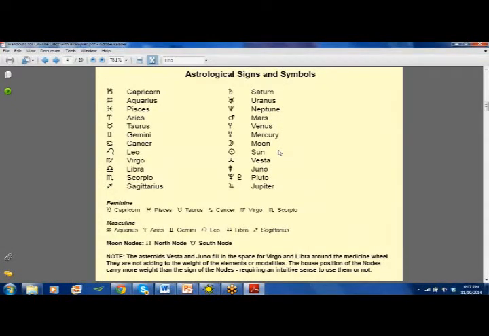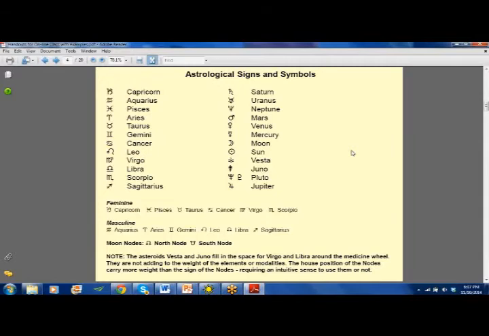Now, this one, I actually added a note to the bottom because apparently it didn't occur to me. I created this handout for a live class, and you'll see here there's the symbol for Vesta and Juno, and we put that with Virgo and Libra. Someone was asking why we don't use those when we're weighting the elements or the modalities.